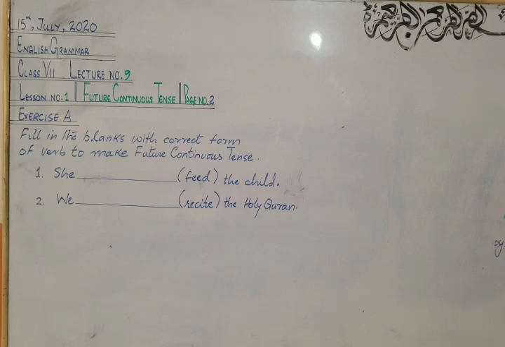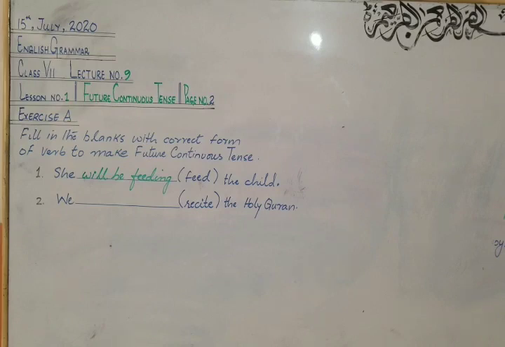ठीक है, तो फर्स्ट वन we have, she feeds the child. Now we have to make it future continuous tense. Okay, here we are. She will be feeding the child.